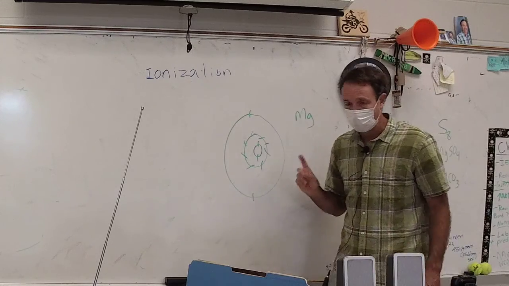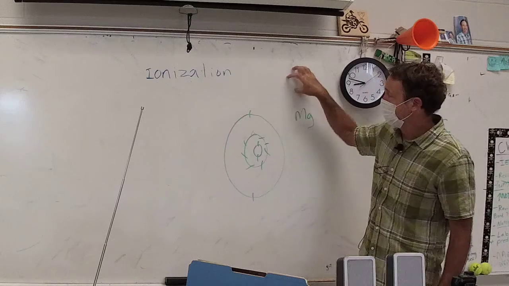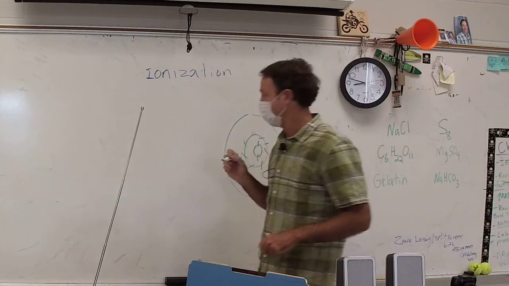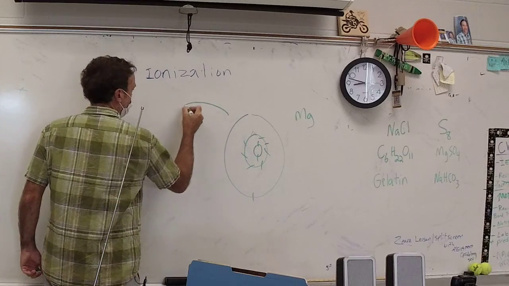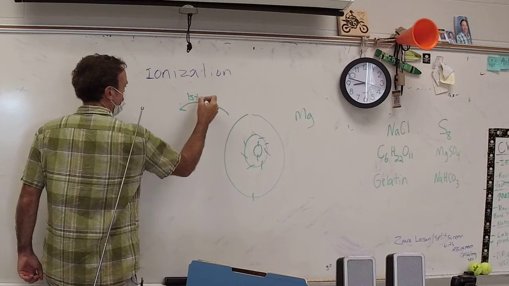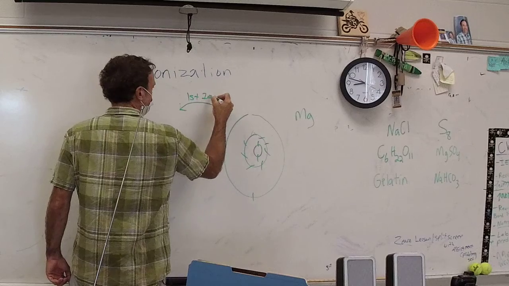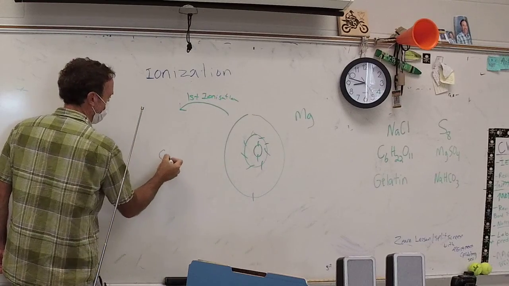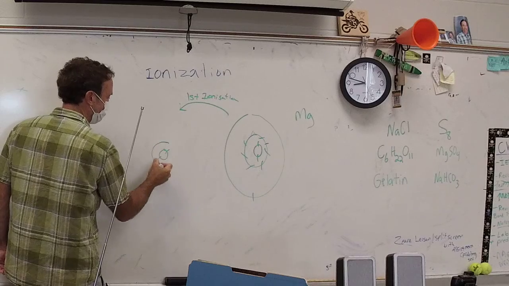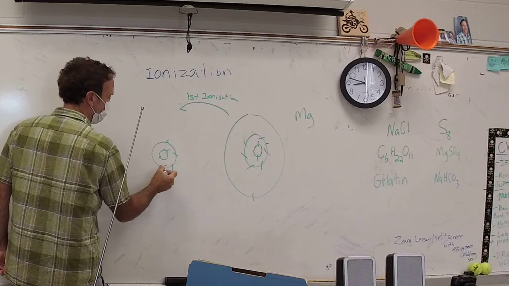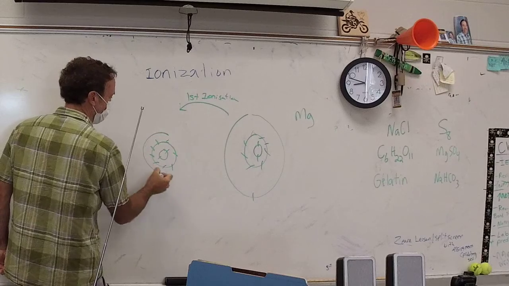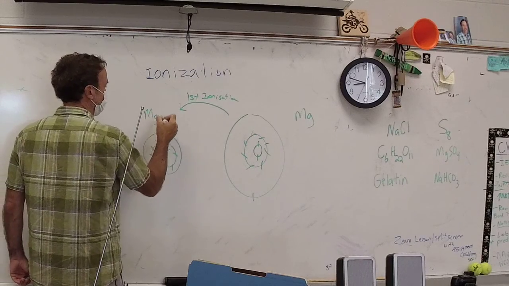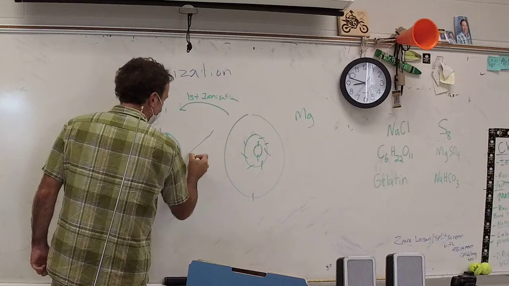If this atom were ionized, if another atom came by and stole that electron, then after the first ionization, we would be looking at an atom that actually looked like sodium, but it would really be magnesium plus 1.